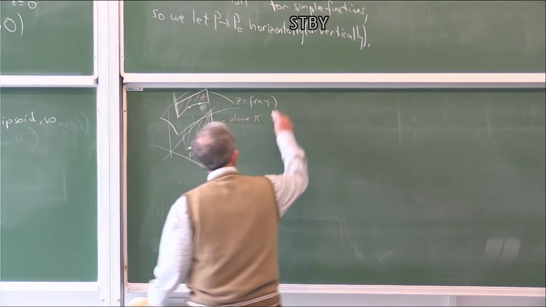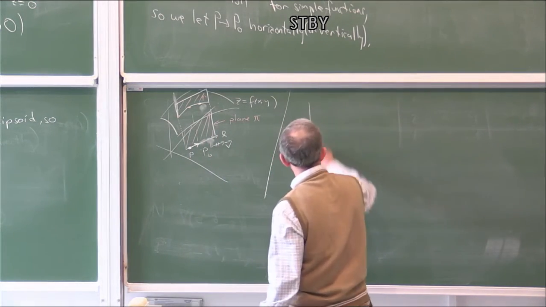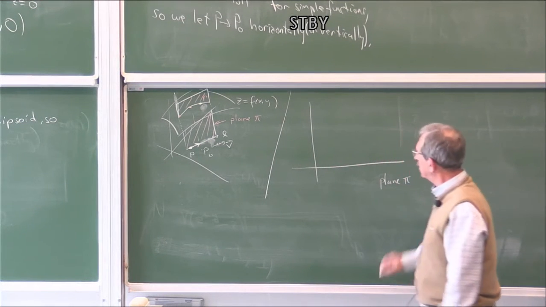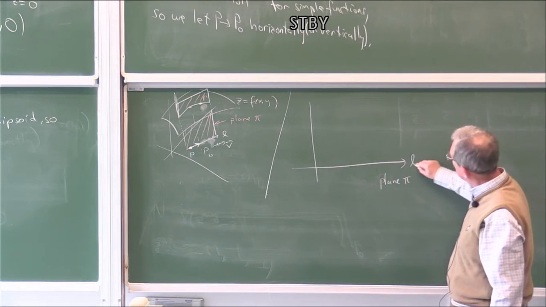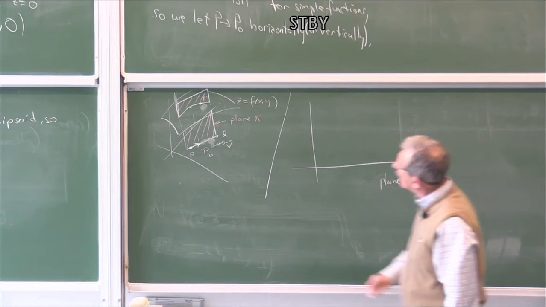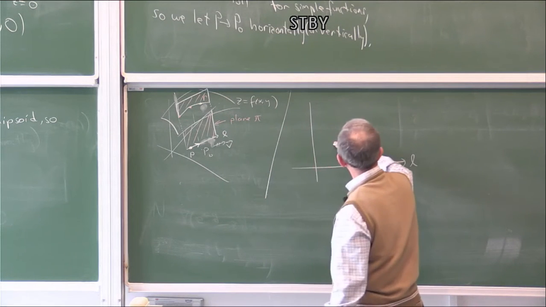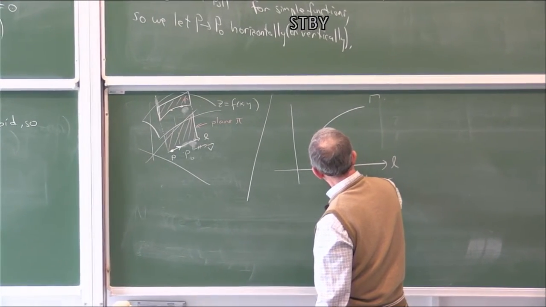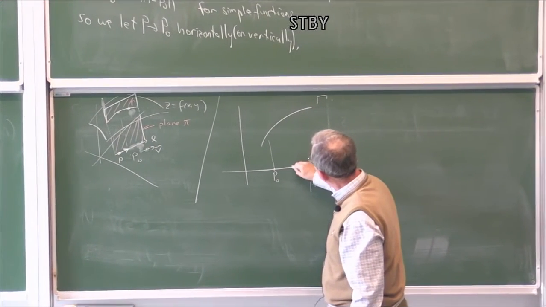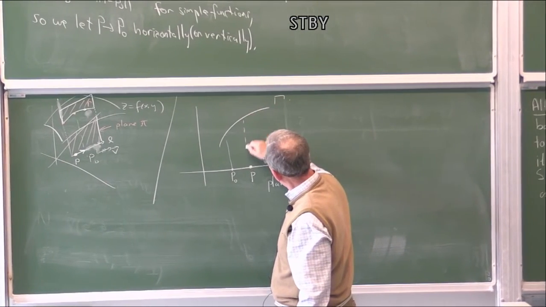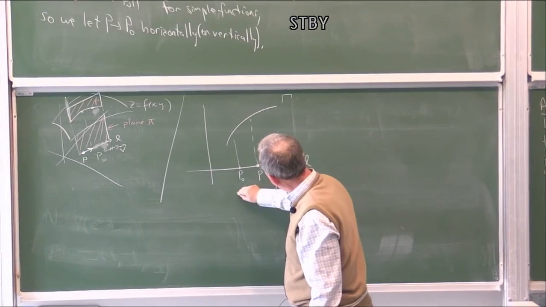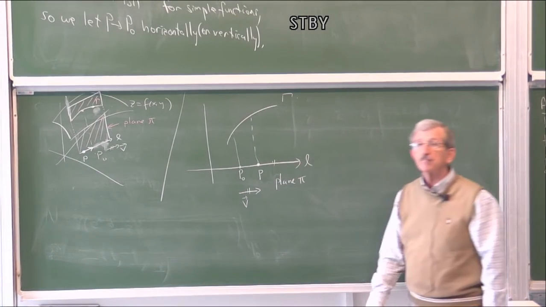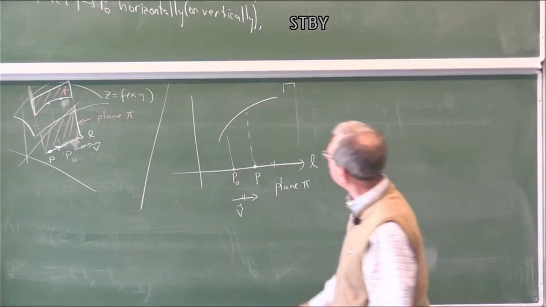So, let me redraw it. Once again, the x-axis is L in our case. We have a curve gamma, something perhaps like this. Somewhere here we have p0, and somewhere here we have p. And we have a vector parallel to L, so a horizontal vector here.